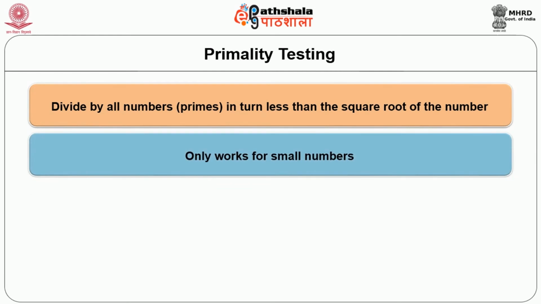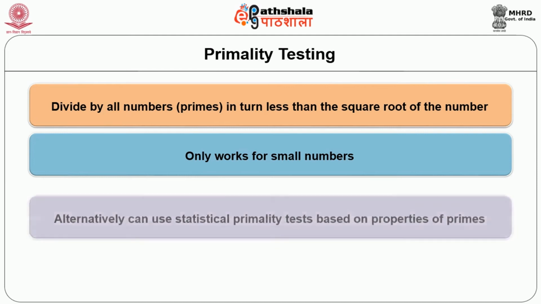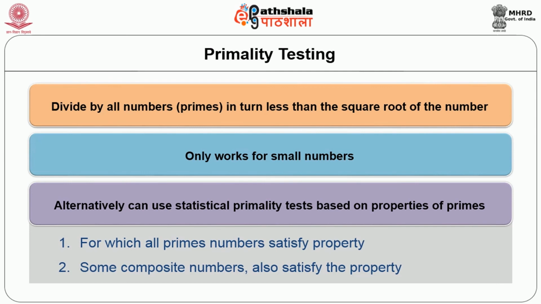But this type of conventional algorithm can only work for small numbers. Think about a large number in the range of 2 raised to 512 or 2 raised to 1024, then trying out all the numbers up to the square root of that number makes the thing very time consuming. So alternatively, we can use a statistical primality test based on the properties of primes, which all prime numbers satisfy and some composite numbers also satisfy.